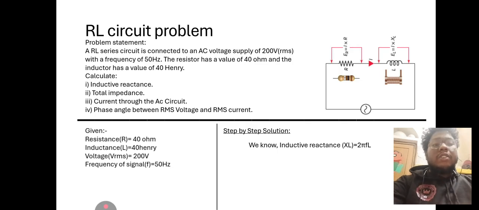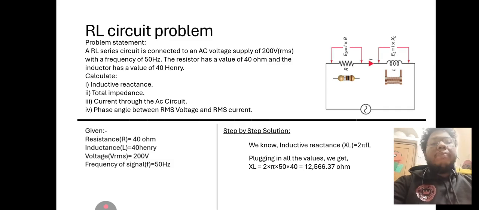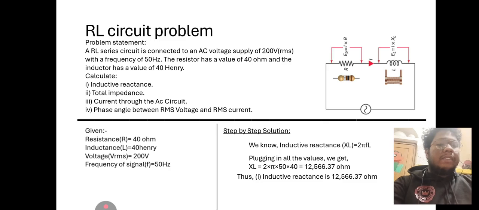Since we know all the values, we plug them in: XL equals 2 into pi into 50 into 40, which gives a value of 12,566.37 ohm. So that gives the answer of the first question: the inductive reactance is 12,566.37 ohm.